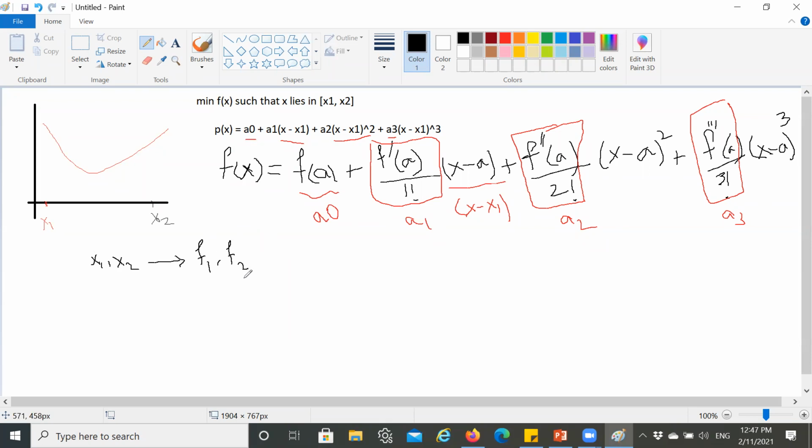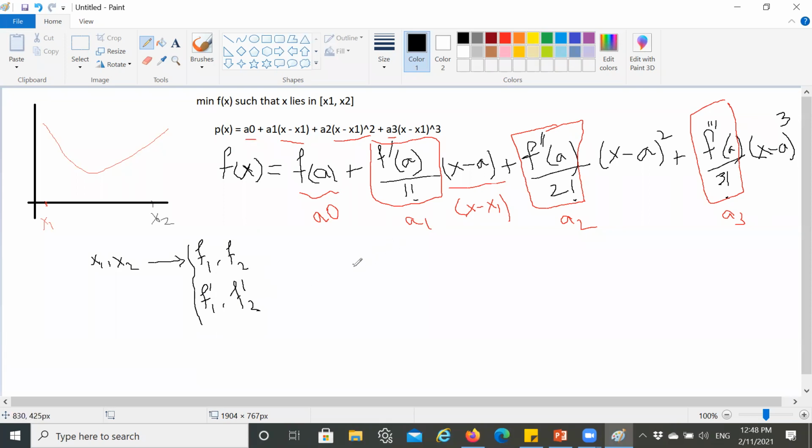And if we have the functional values, we can also find the first derivative at these 2 points. So is it clear? Yes? Okay. So I've already got my 4 equations now. I've got the functional values at the points, and I've got the first derivative at those points.